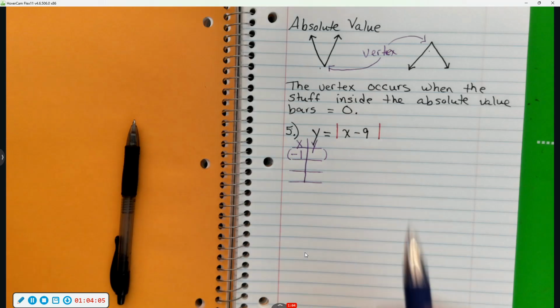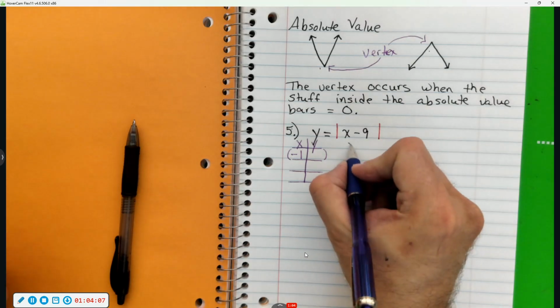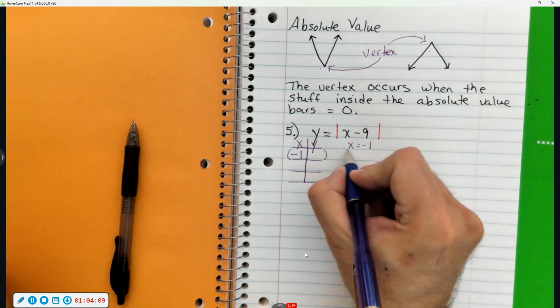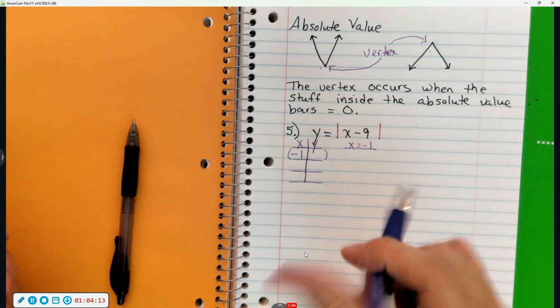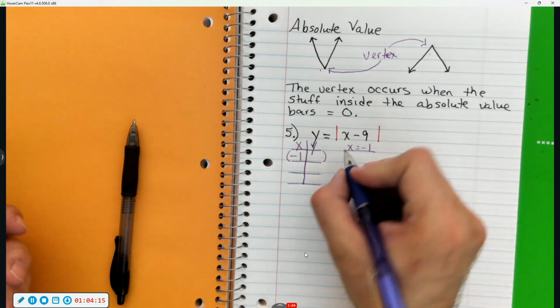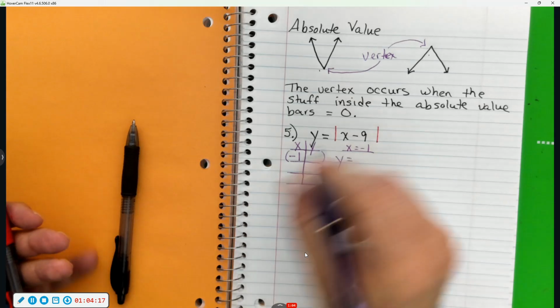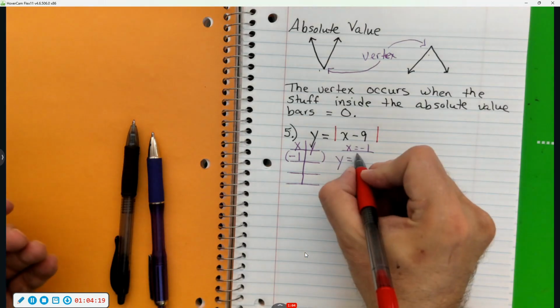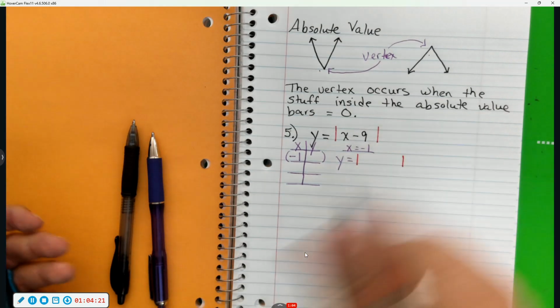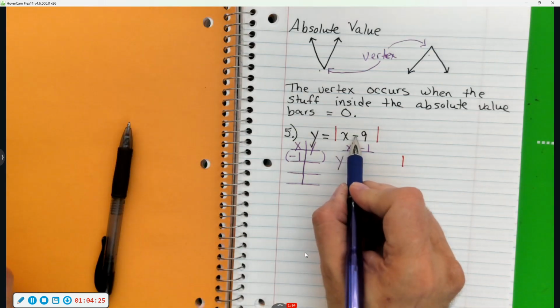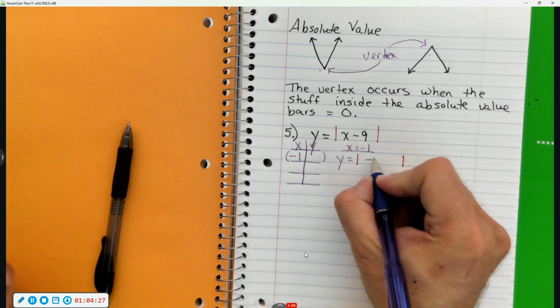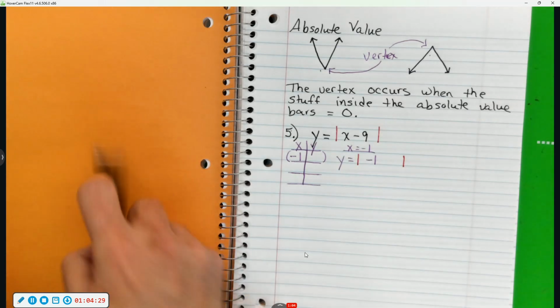So plugging in a -1 for x, we would have y equals absolute value of -1 minus 9. You know what? Let me do different colors.